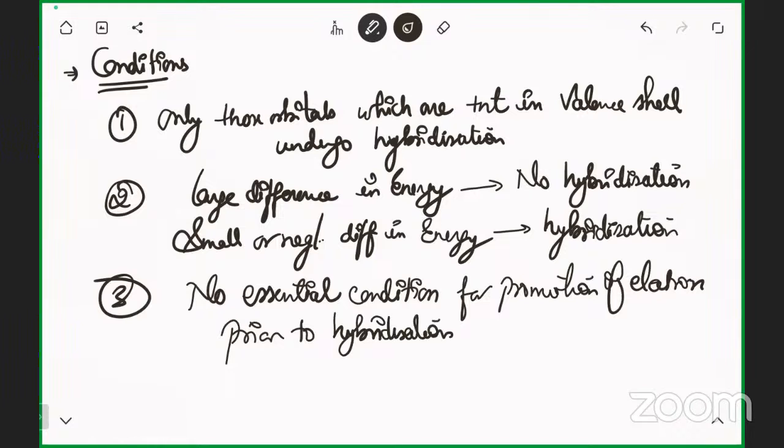It means before hybridization, promotion of electron is not necessary. What is promotion of electron? It means an electron moves from a lower energy level to a higher energy level, you can say the electron jumps into an empty orbital. So this is not essential.